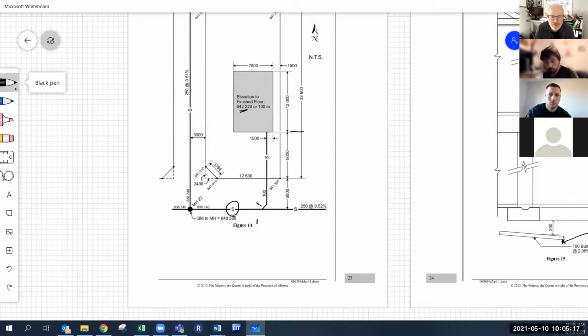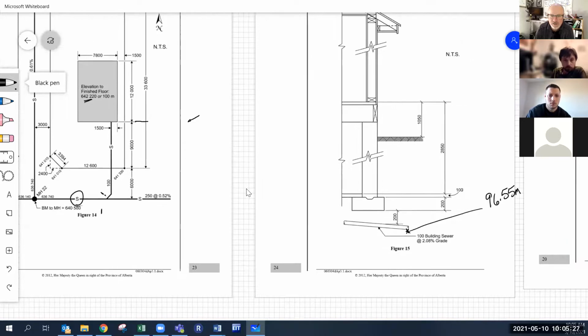So we need to know first the invert here. I think we know the invert right here. Didn't we get that on a previous question? There it is, 96.55. But let's take off 6.55. So that's a 3.5 meter drop.